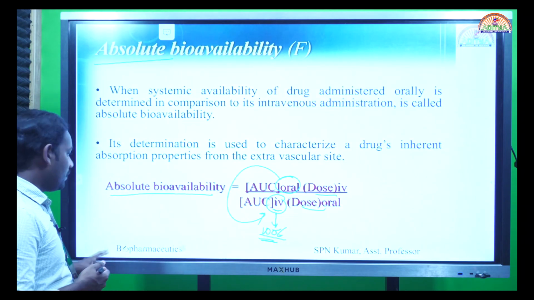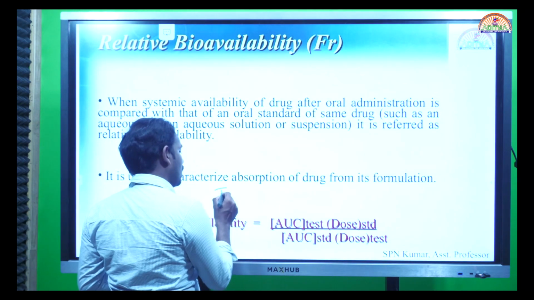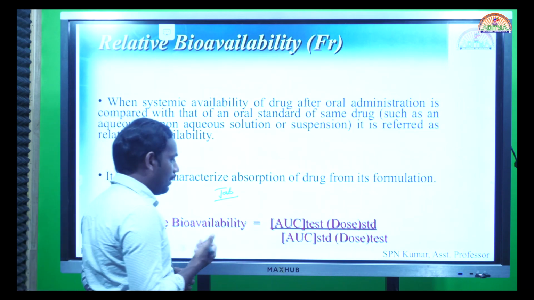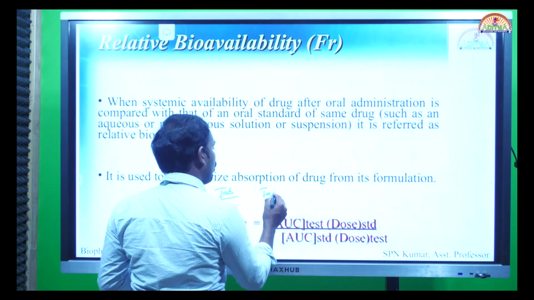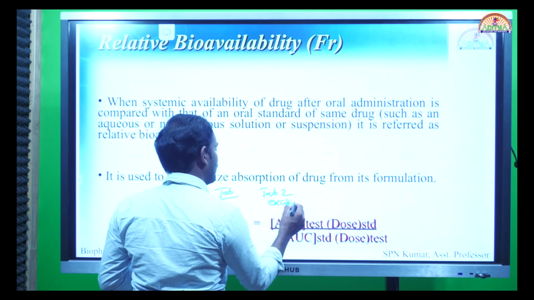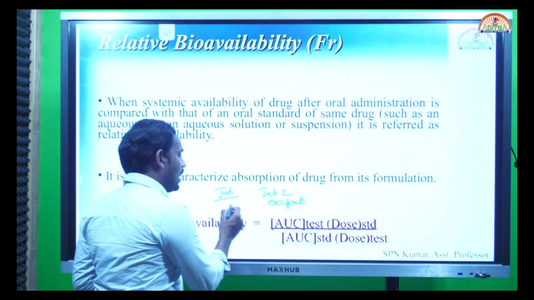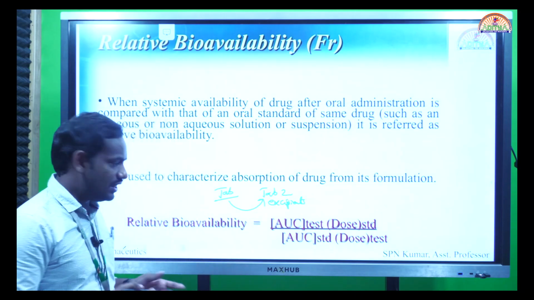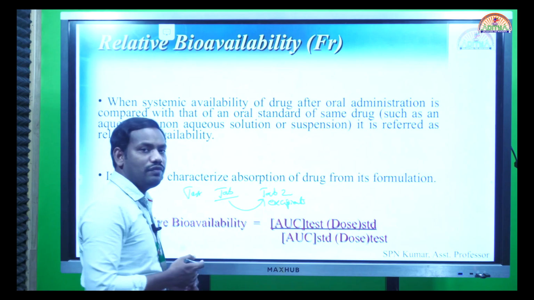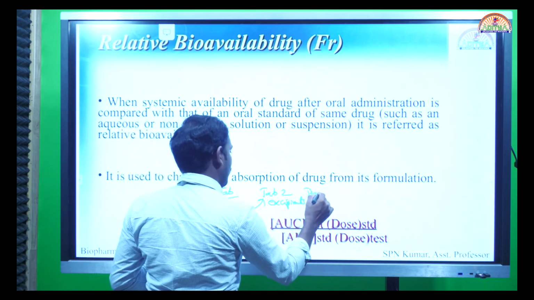But imagine you are comparing two drugs, each of them a tablet. There is a tablet which is already well nurtured in the market. Now we are going to compare this tablet with a newly formulated tablet with another set of excipients. So this is having a different set of excipients when compared to the already popular drug in the market. So you can compare one tablet with the other tablet. There is a test tablet, and we are comparing it with a standard tablet.